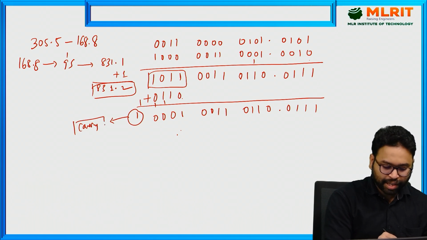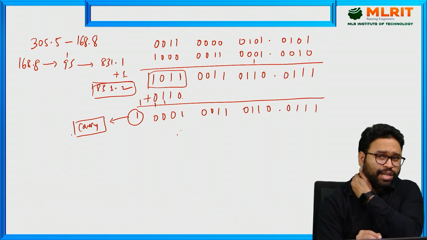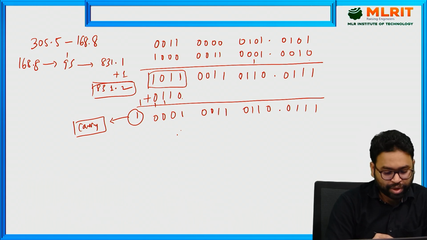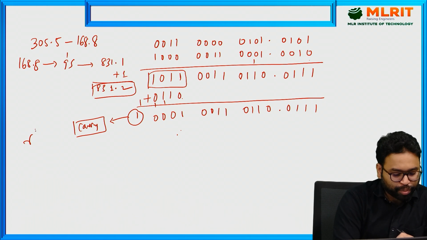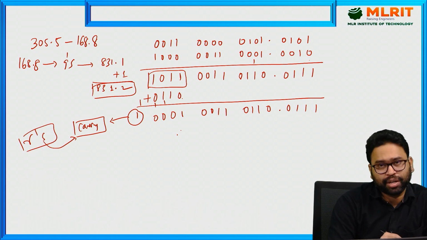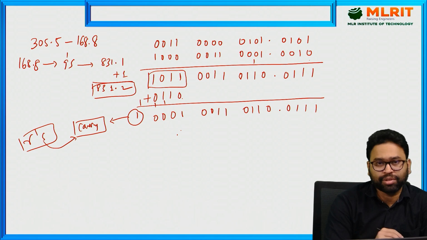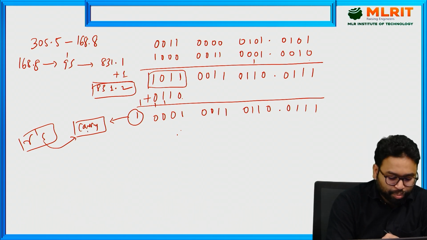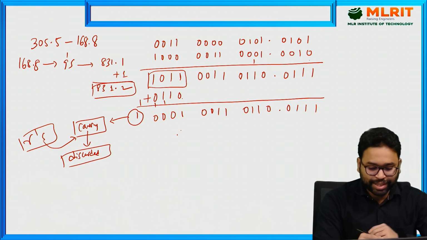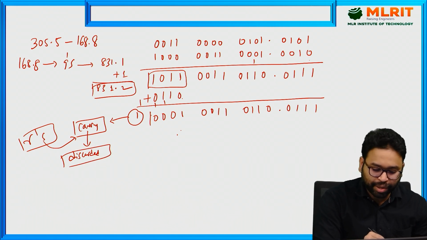If carry is generated, then the resultant sum will be considered as positive, and in case of the tens complement method, if any carry is generated during the subtraction, the carry is supposed to be discarded. Once it is discarded, the remaining value will be only this value.